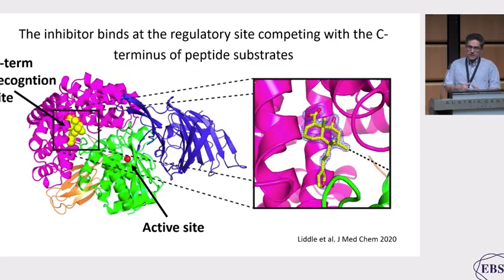So then we got the crystal structure of this inhibitor, and it turns out that this was located exactly at the C-terminus recognition site, where the peptides go and put their C-terminus, and that was about 30 angstroms away from the catalytic site. So we think that this inhibitor appeared competitive because it blocked the C-terminus binding of large peptides, but it would lead to activation of small peptides by the same way that the large peptides C-terminus does.